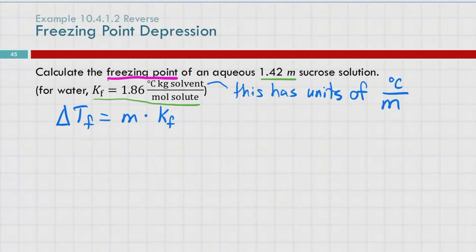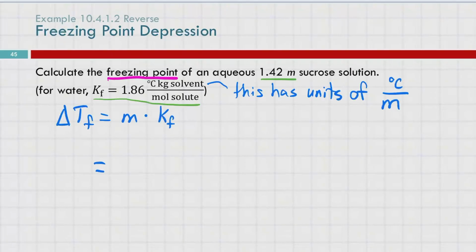That's all that is. So if we're multiplying something that's got units of degrees Celsius per molal times whatever molal concentration solution, then we'll just get degrees Celsius out.